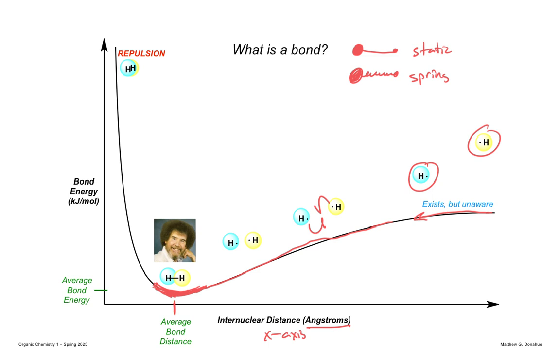If they start getting too close, notice what happens on the y-axis. They're physically overlapping with one another, and then the energy skyrockets. So within the average bond distance, on the y-axis, there's a bond energy, the energy required to break that bond.